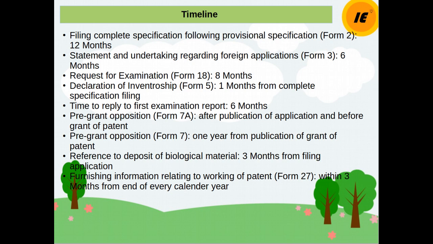So if you are working in a university or company, then the owner of the patent will be your company or university respectively, and you will be the inventor. And of course, as the author list in a journal article can change, here also the list of inventors can change after provisional specification filing.